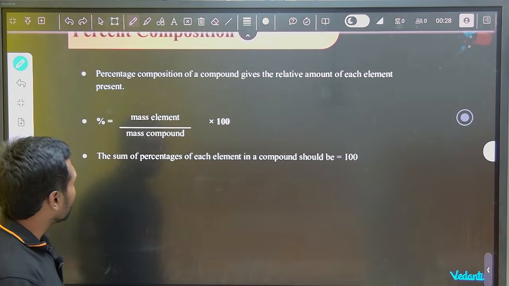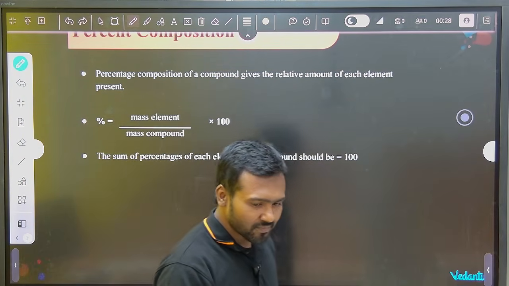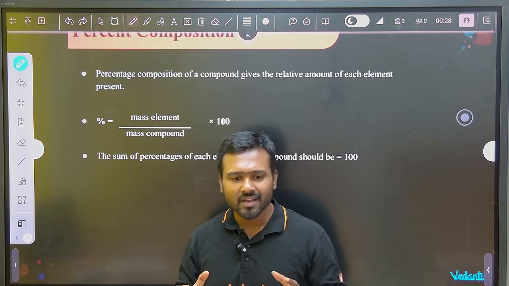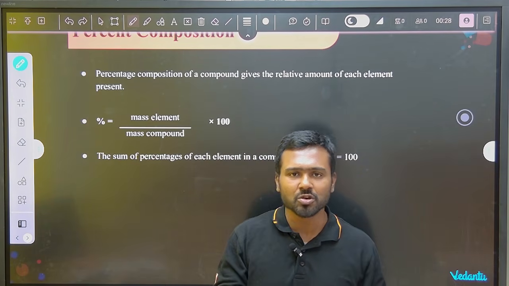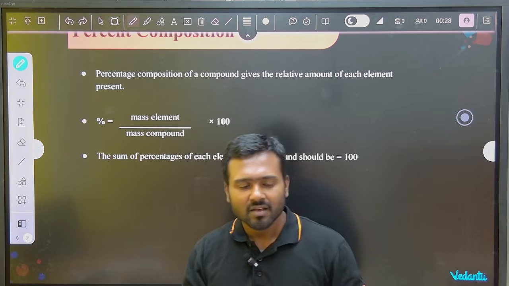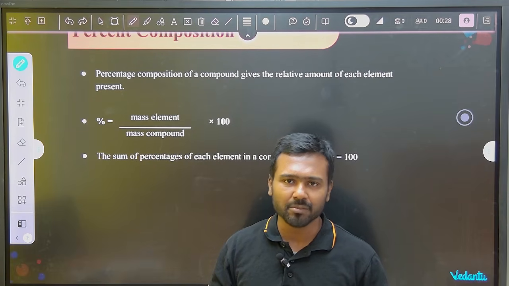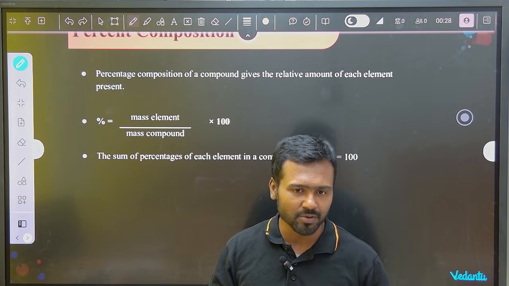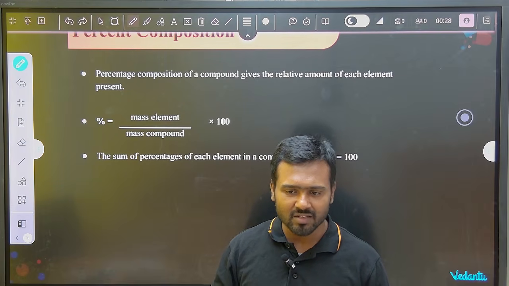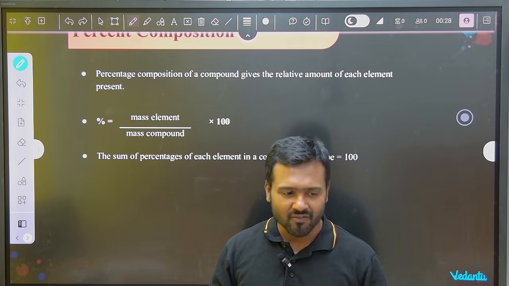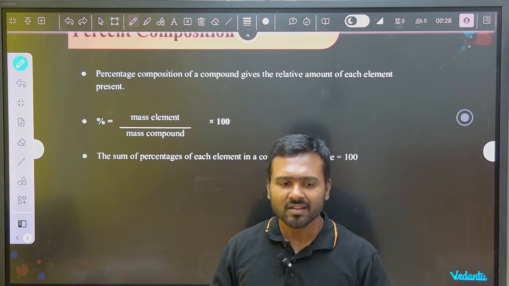Next, percentage composition is a simple one. Let's consider glucose only. Its molecular weight you will get as 180 AMU. Now I want to know how much percentage of carbon is present in glucose.